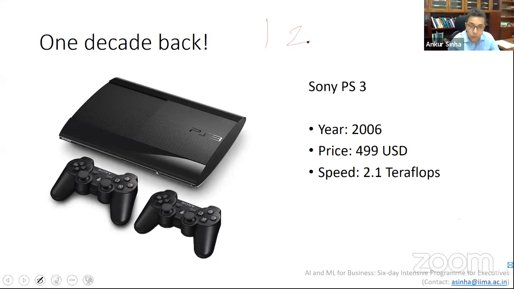In 1 year, it becomes 2, then 4, then 8, then 16, then 32, then 64, and then 128. 1, 2, 3, 4, 5, 6, 7. So in 7 years, what Moore's law suggests is that this phone will be smarter than me. And therefore, in the 7th year, I'll be carrying a human in my pocket. In the 8th year, 2 humans in my pocket. And the 9th year, 4 humans in my pocket.